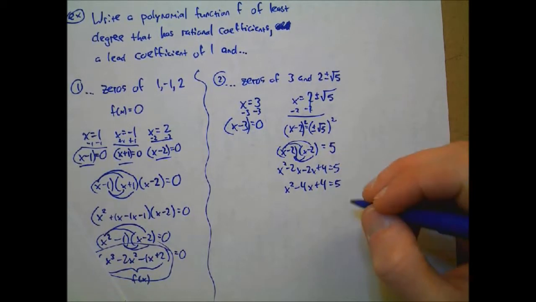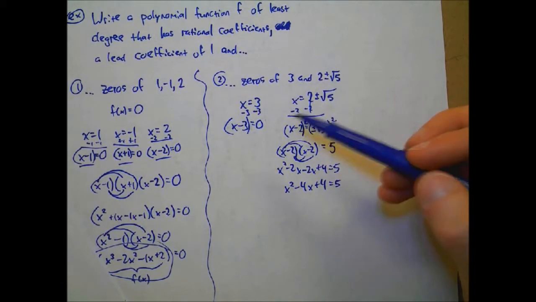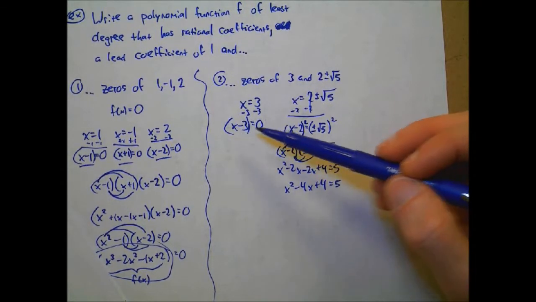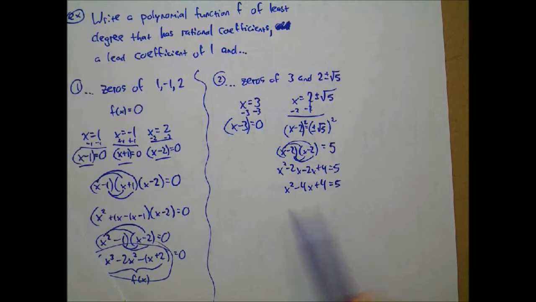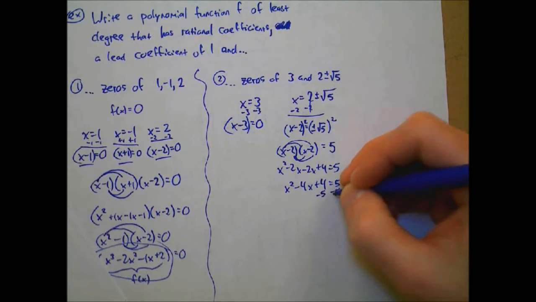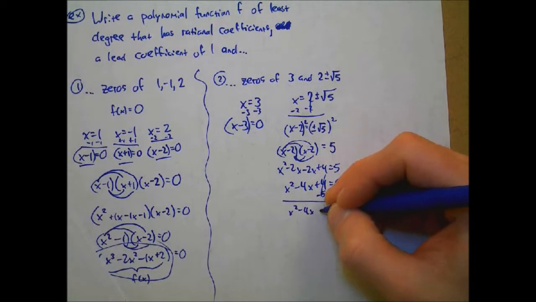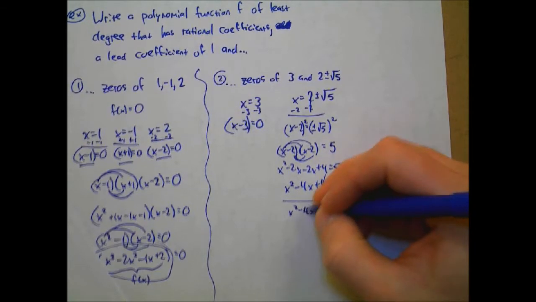I'm almost done with this factor, but for a factor, I need it to be equal to 0. So what do I need to do to still be equal to 0? We've got to subtract 5 from both sides. Exactly right. When we subtract 5, we get x squared minus 4x minus 1 equals 0. So here is our other factor.